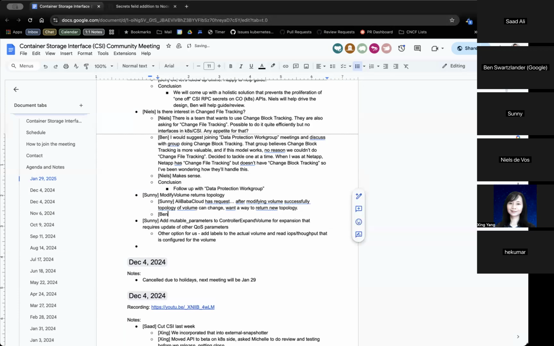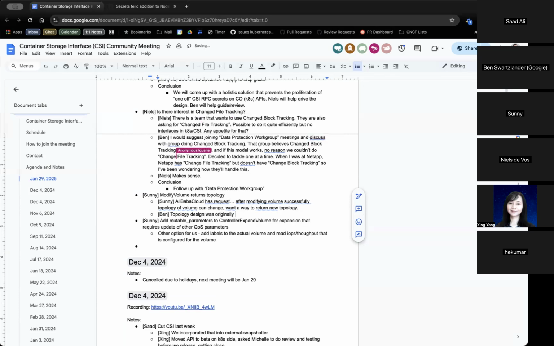My understanding of topology is we designed it in a way that's basically static and not changeable, right? Yeah, the original intention was that it's supposed to be immutable.